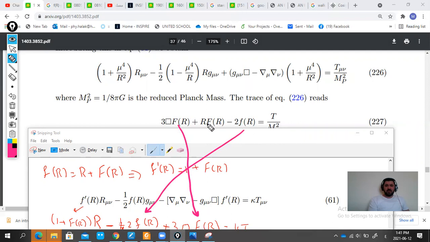But R f(R), I think here it should be R plus R f(R). So we still have R missing here. R f(R) is okay, but we still need R here. Where is this R?